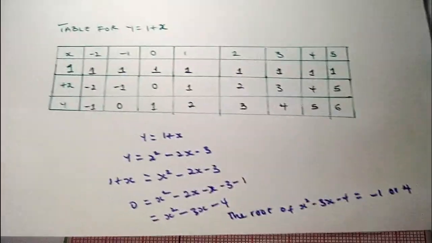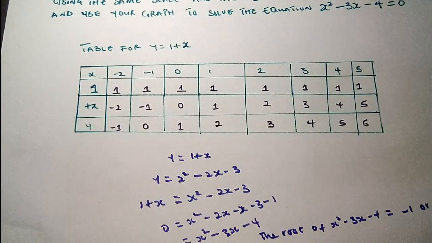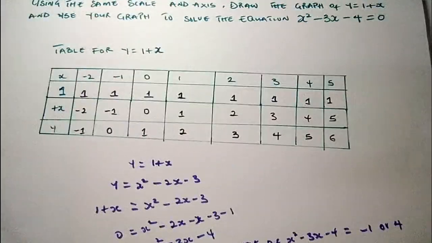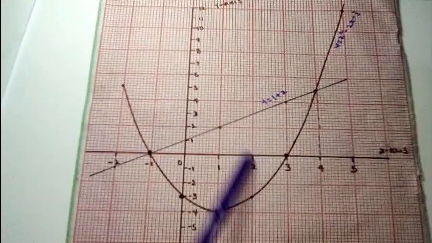So that's exactly what you're going to do when answering a question like this. A question like this is going to come out sometimes, most times, so you just have to do it this way. The first thing you need to do is bring out the table of values for the linear graph, then you plot it down on your graph paper.